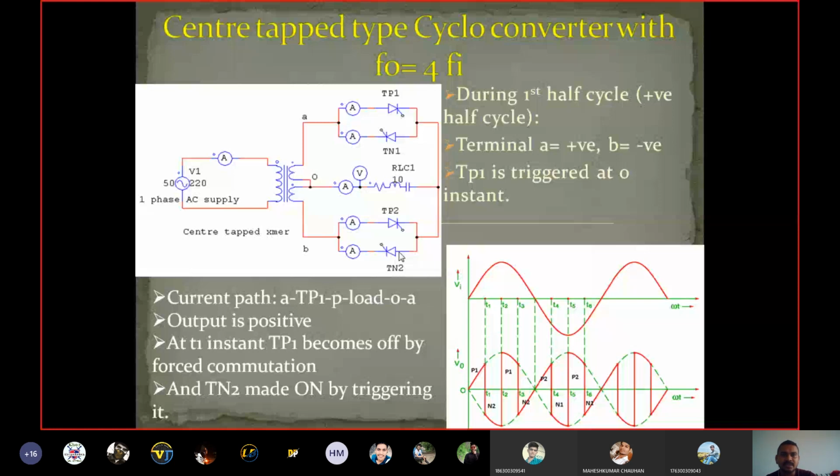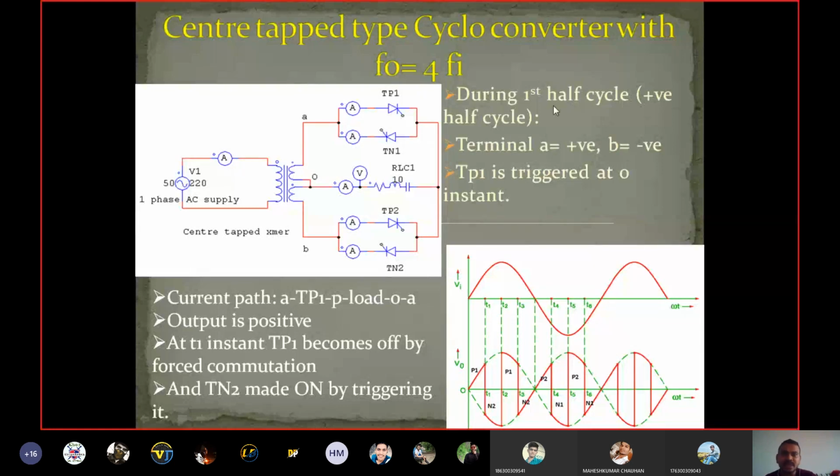So during the positive half cycle, TP1 and TN2 can be forward biased.